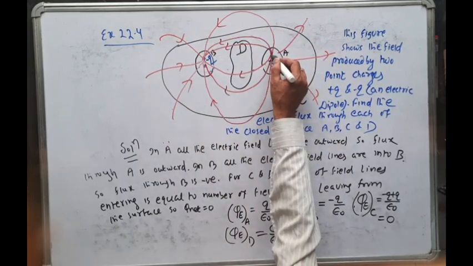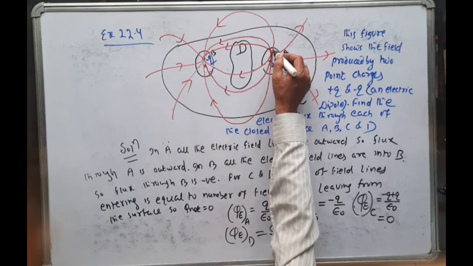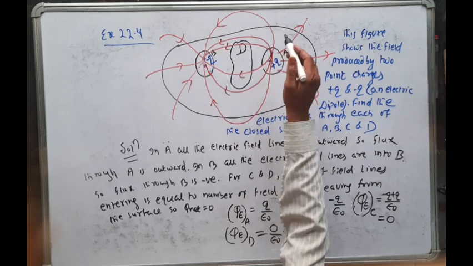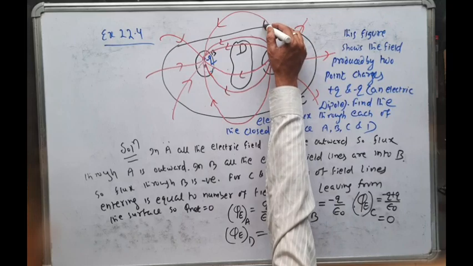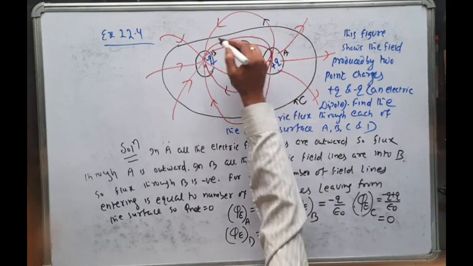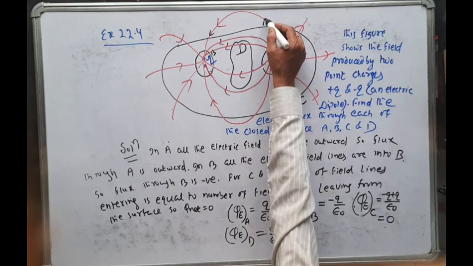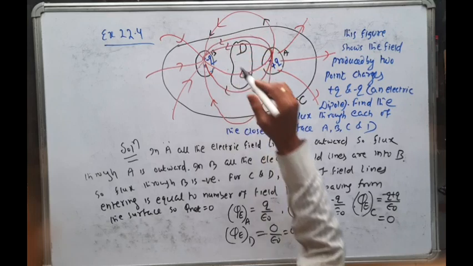Similarly here, lines of force will start from positive and end on negative. So if we compare, from the C surface, these are the lines of force leaving the C surface, and these are the lines of force entering the surface. So these lines of force will be cancelled, so net flux is equal to 0.